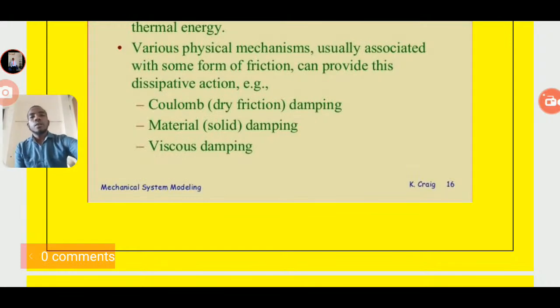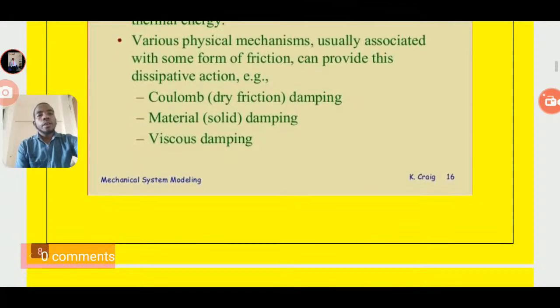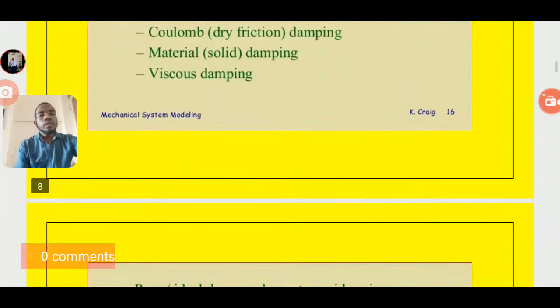Like this we can see these types of damper elements.